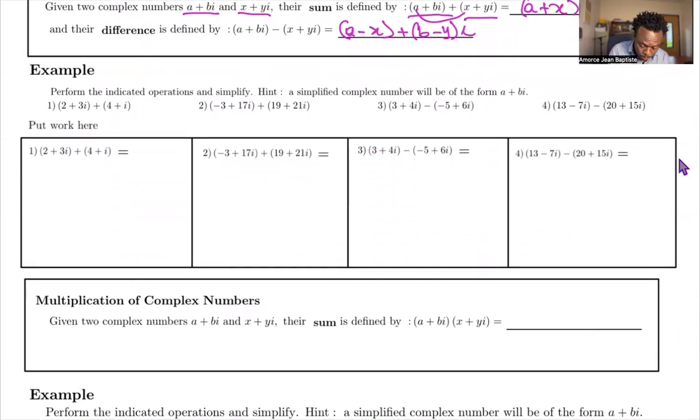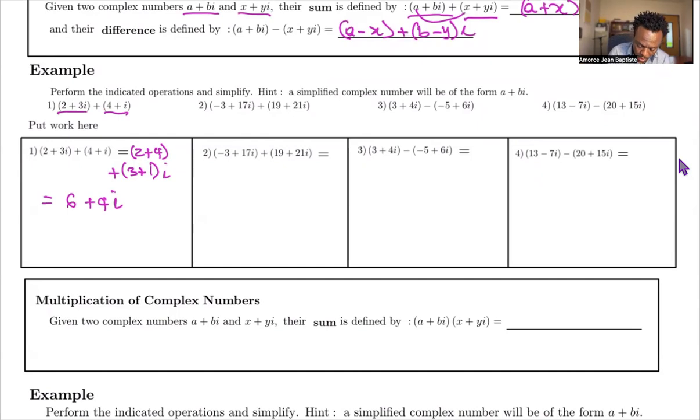Let's practice. I want to add 2 plus 3i and 4 plus i. So that will be 2 plus 4, plus 3 plus 1 coefficient of i. So this equals 6 plus 4i.